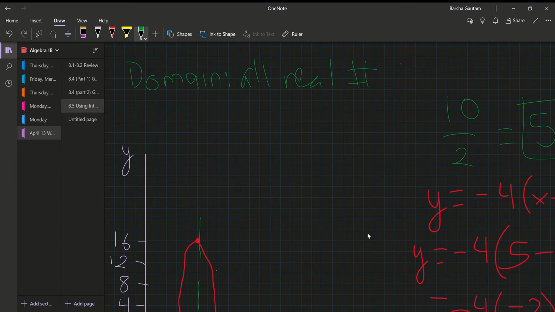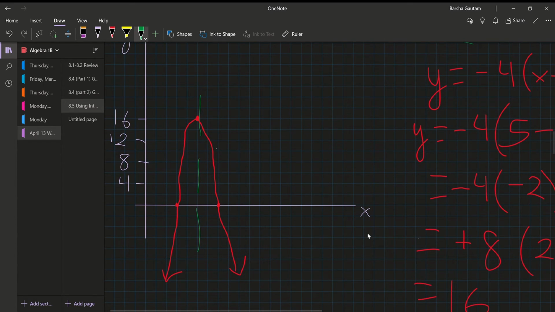And then the range is a little bit trickier, right? A range, it goes infinitely downwards. However, it does not go infinitely upwards. So the vertex right here, which is 5, 16, is where it ends or begins.